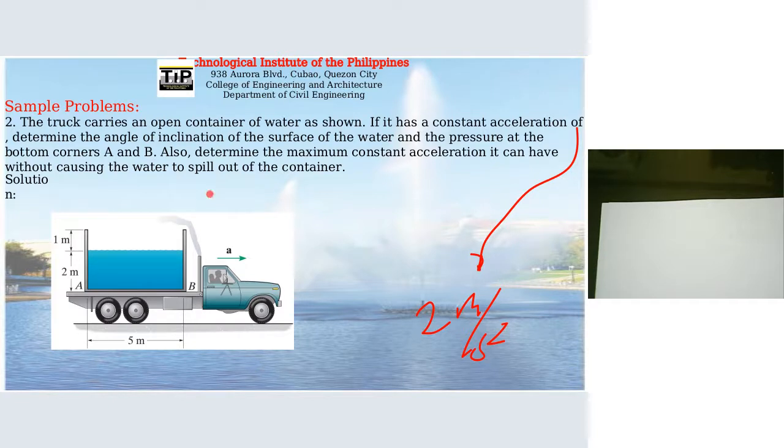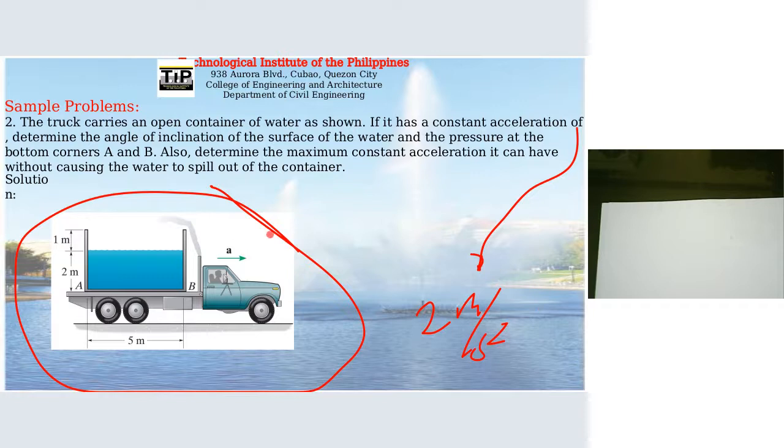So, given tayo ng truck na nagmo-move siya to the right. So, going towards this direction. So, it has a constant acceleration, meaning bumibilis yung speed niya. Bumibilis at a rate of 2 meter per second squared.